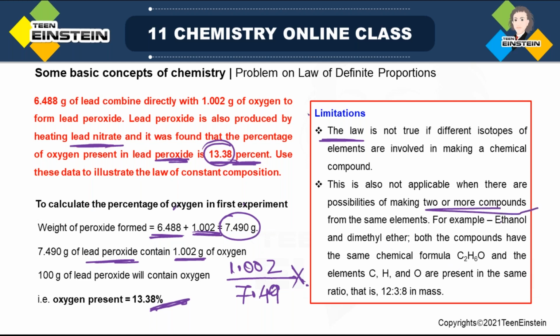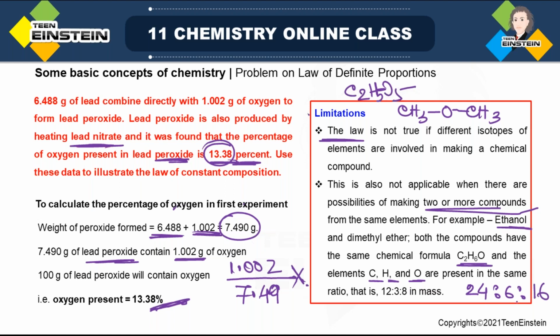So take this example. Suppose we have ethanol, which has the formula C2H5OH, and suppose we have dimethyl ether, that means CH3OCH3. So in both cases the formula is the same, right? C2H6O. That means carbon, hydrogen, oxygen are present in the same ratio. C2 means 12 into 2, 24. 6 hydrogen means for each hydrogen it is 1, so it is 6, and for 1 oxygen it is 16.